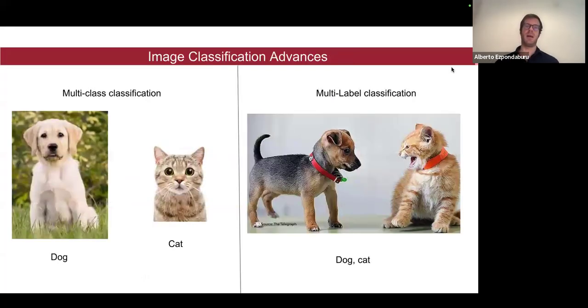Let's see some advanced. We just saw multi-class classification. We have a convolutional neural network, and we finish in a softmax. A softmax is going to have discrete classes. We can have an image, and for every image, we are going to have only one possible class. Here's a dog, here's a cat.